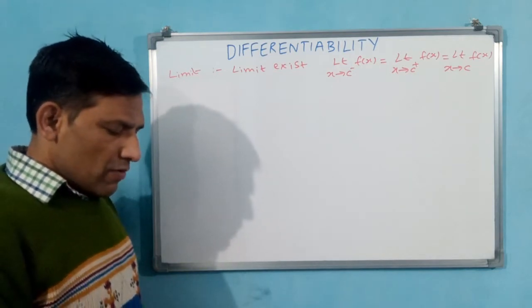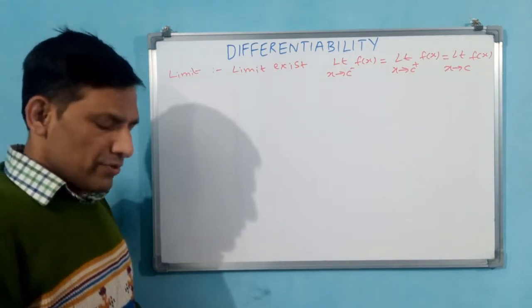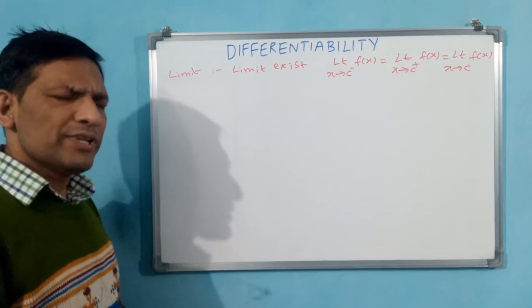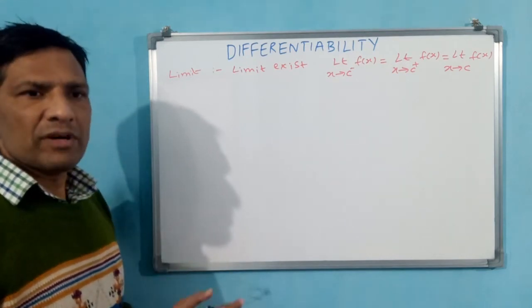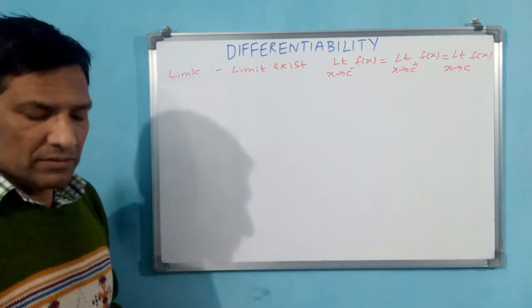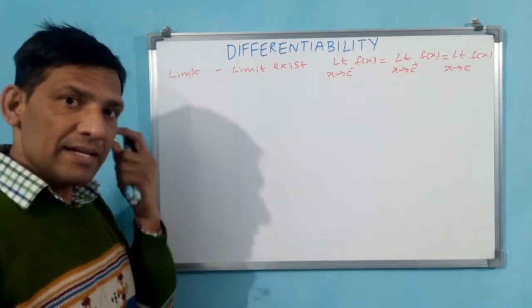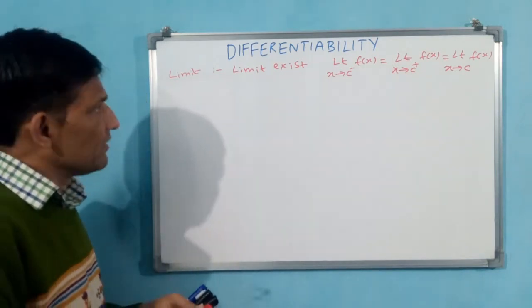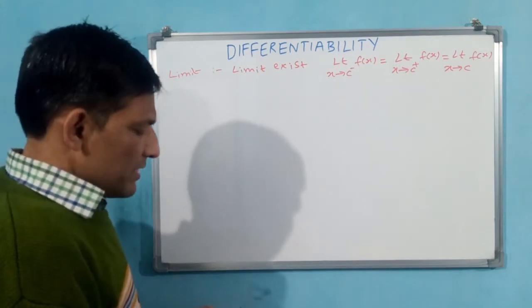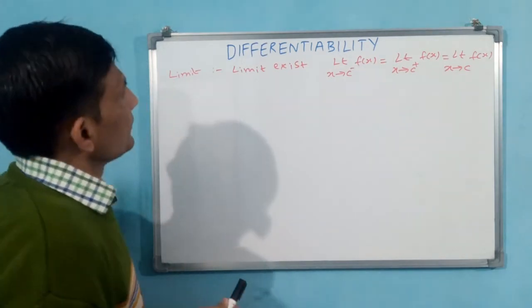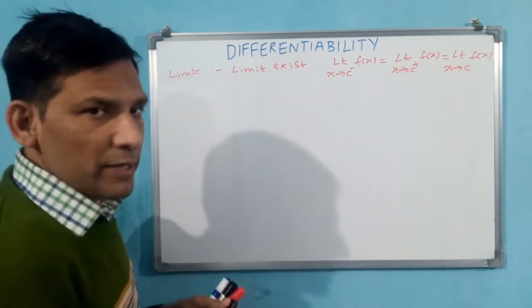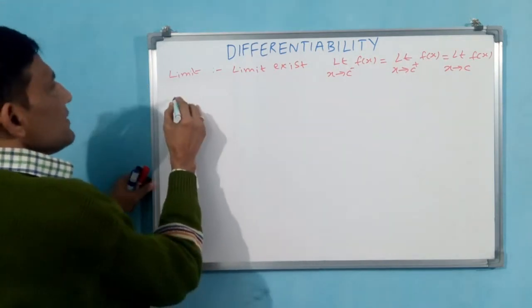Afterwards, we came to continuity. Before continuity, we have even seen derivative also. Shall I write derivative? Derivative we learnt in class 11 itself, in limits and derivatives. Okay, let me write derivative.